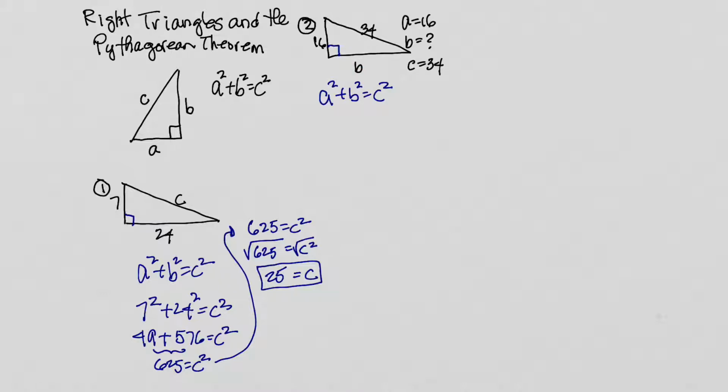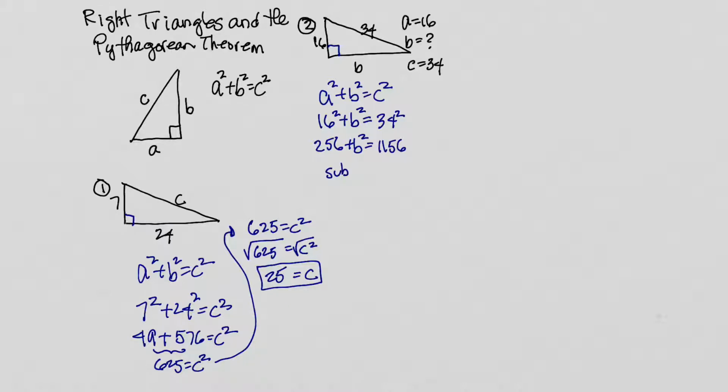So we will have 16 squared plus b squared equals, and c is the hypotenuse, and that's 34 in our case. So we're going to get 34 squared. So 16 squared is 256, plus b squared equals 34 squared, which is 1156.